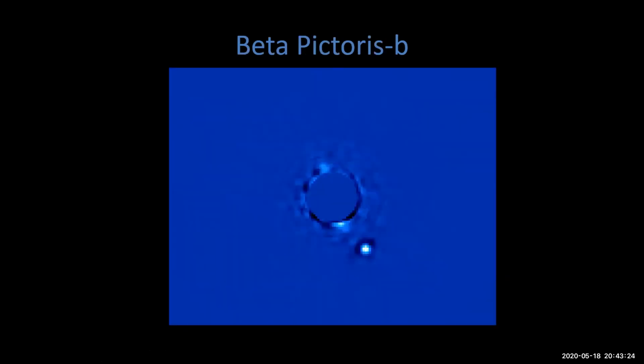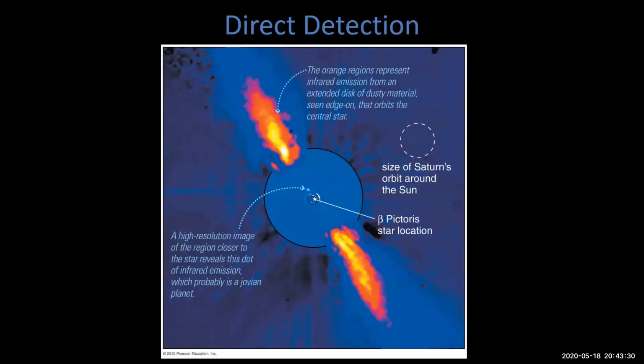Beta Pictoris B is another example. Direct detection. And again, it mainly requires this very, very powerful adaptive optics technique. We've got to block out the light from the star. It's tough. It's tough, but we can. It is a successful method.